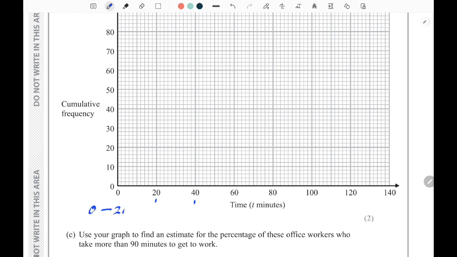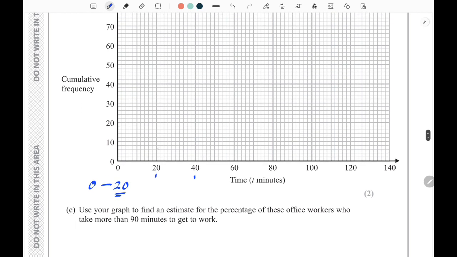So if it goes from 0 to 20 for the first one, you must plot the value at 20, because it includes everything up to that value. Our first value was 5, and they've made this particular bit a little bit tricky because it doesn't match up with the little squares.